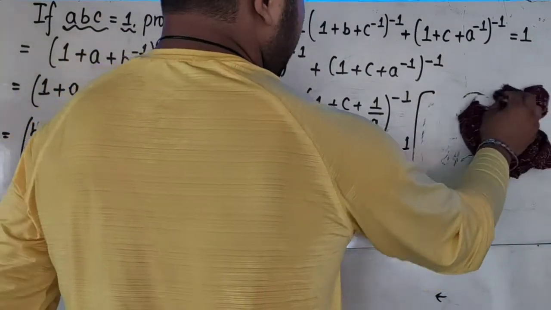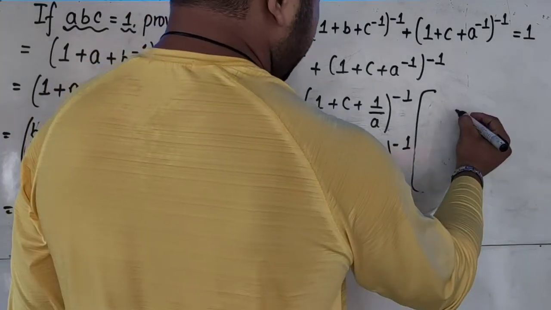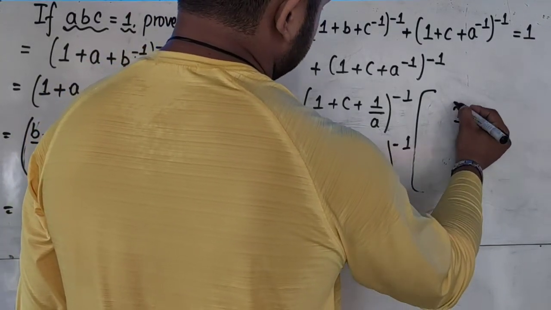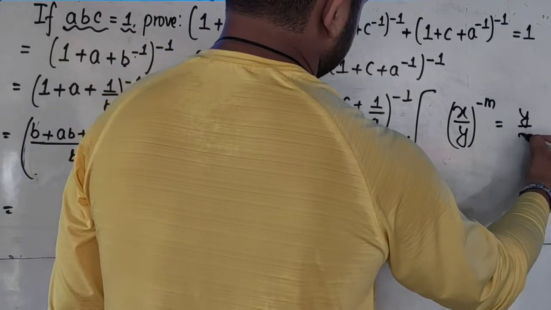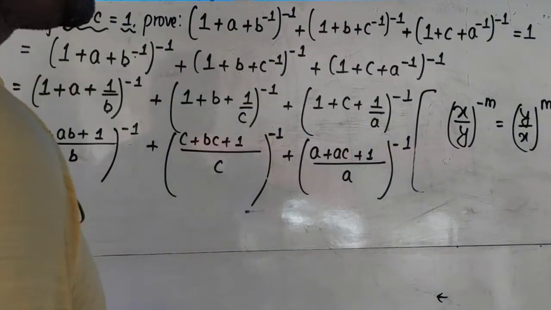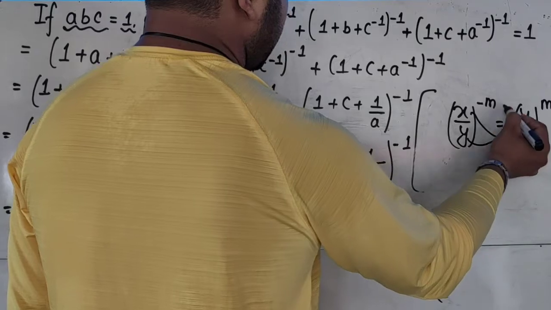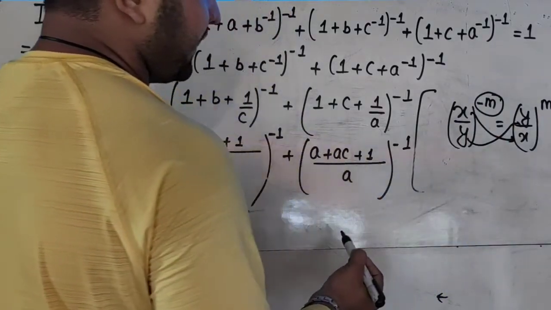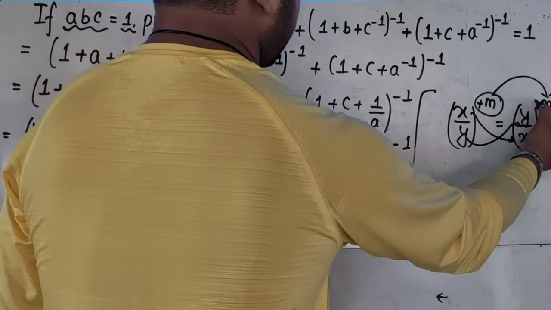Similarly, if we have x by y with the power minus m, this can be written as y by x with the power plus m. So this is the rule. If we interchange the numerator and denominator, the negative power changes into a positive power, or if the power was positive, it would become negative.